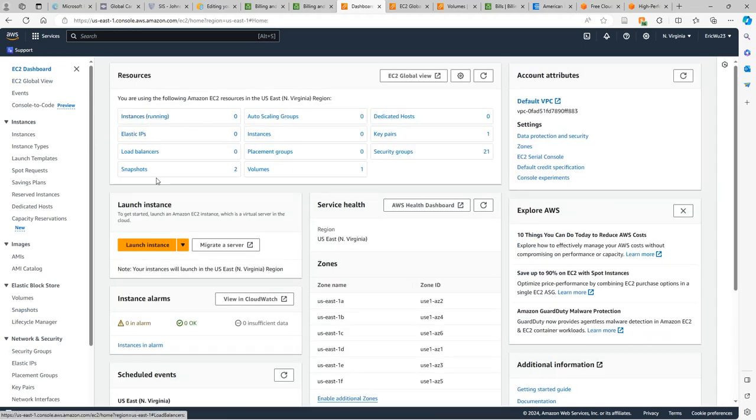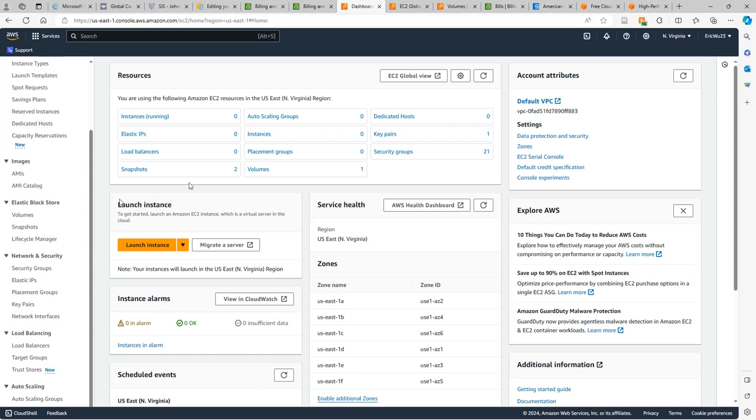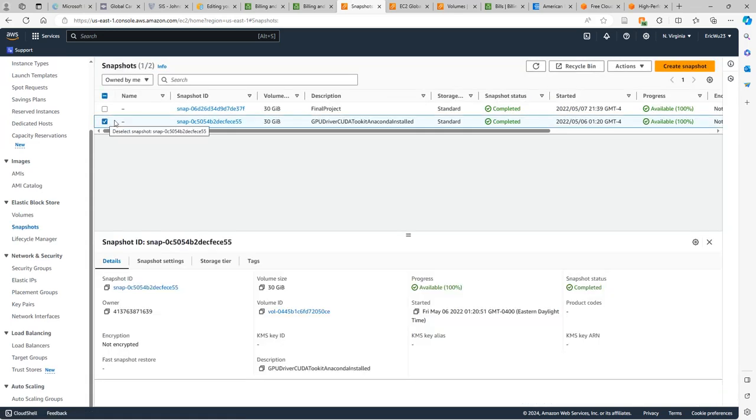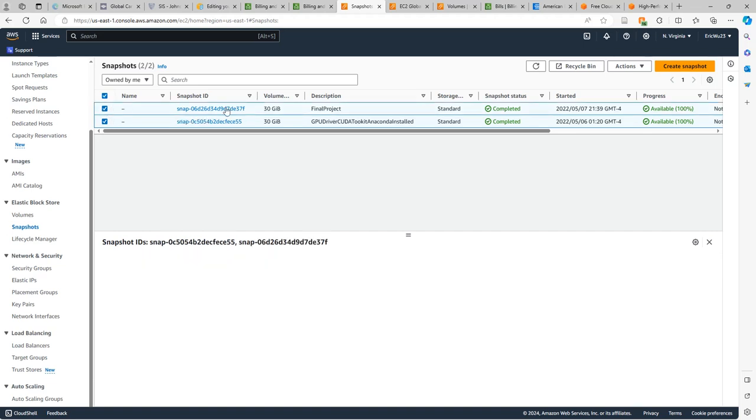Even if your instance is terminated, you will still be charged for the volume. In this case, I don't think I'm using this volume, so I could just simply delete all these once I'm done, right?